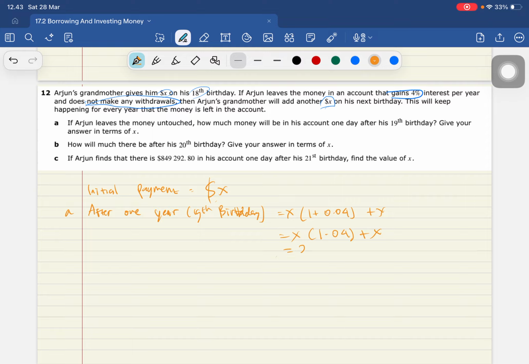So here it is going to be 2.04X dollars for the 19th birthday.